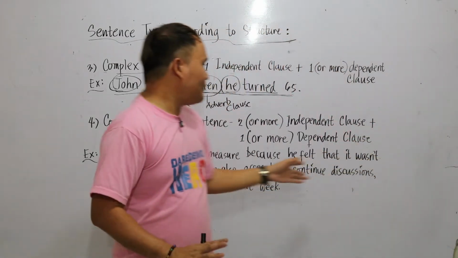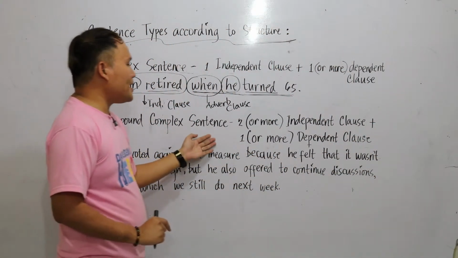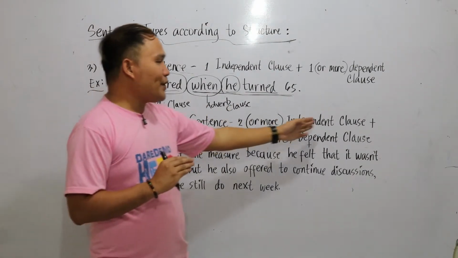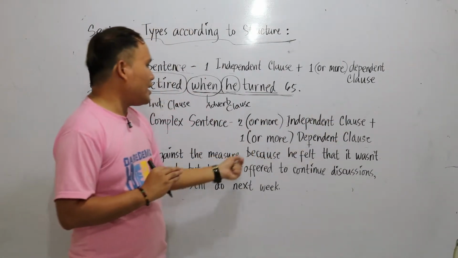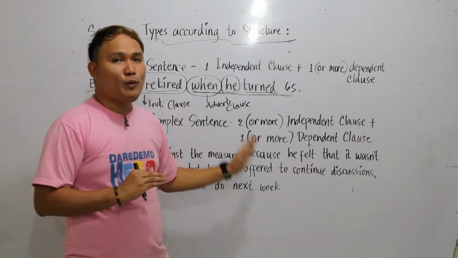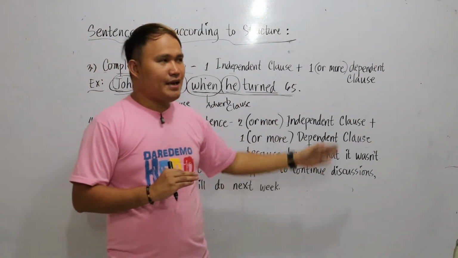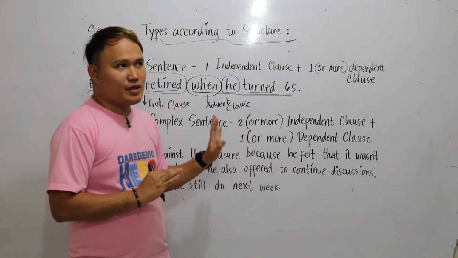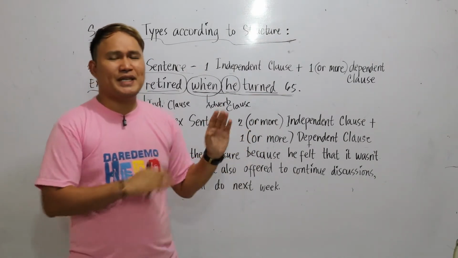Before that, let's identify the definition of compound complex. Compound complex is a combination of two or more independent clauses plus one or more dependent clauses. As you notice, I have enclosed the phrase "or more" because it's not really necessary.